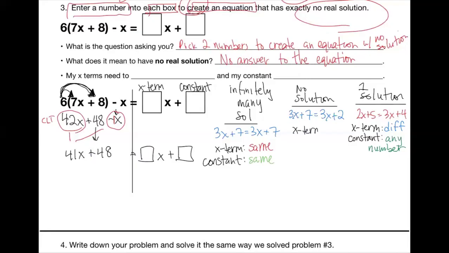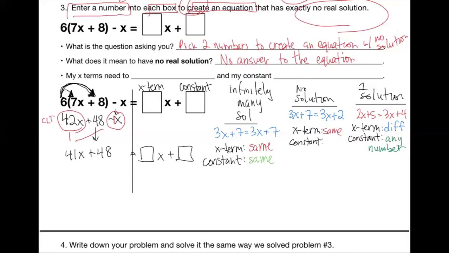What can you tell me about my x terms? What can you tell me about my constant numbers? 3x plus 7 equals 3x plus 2. Well, if I look at my x terms, 3x, they are both the same.